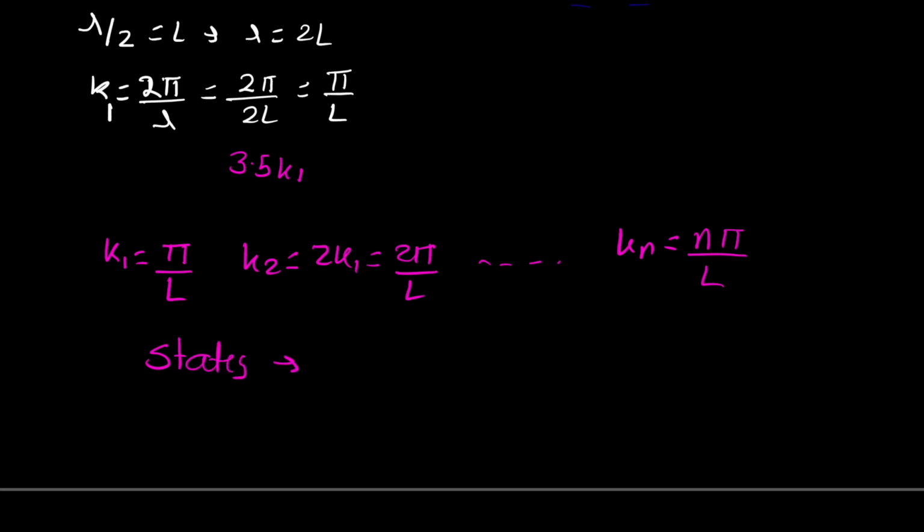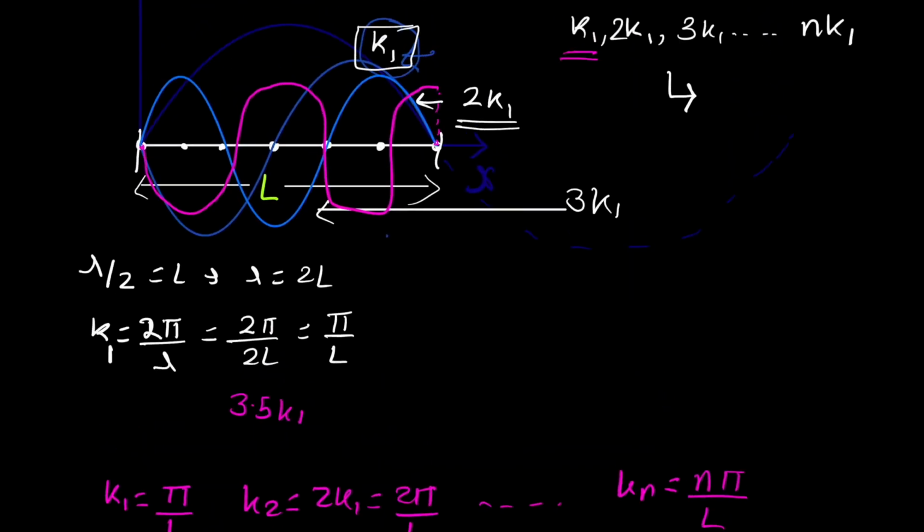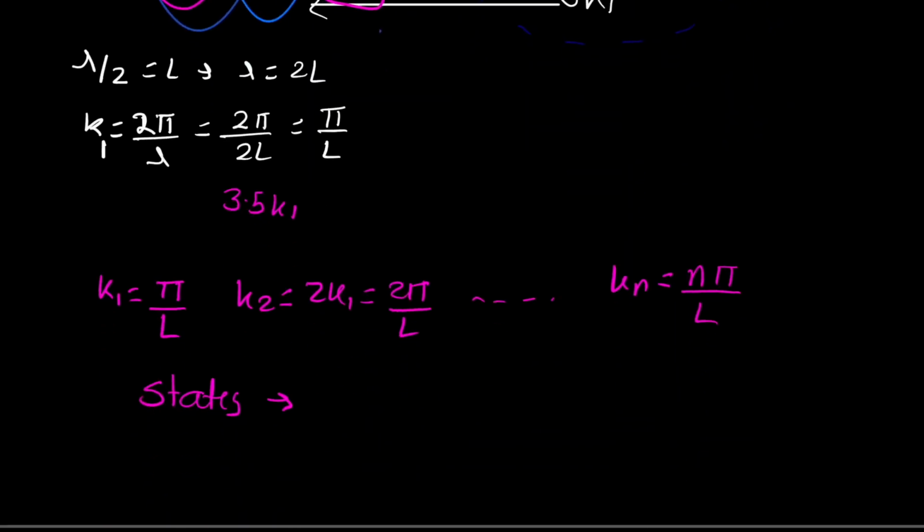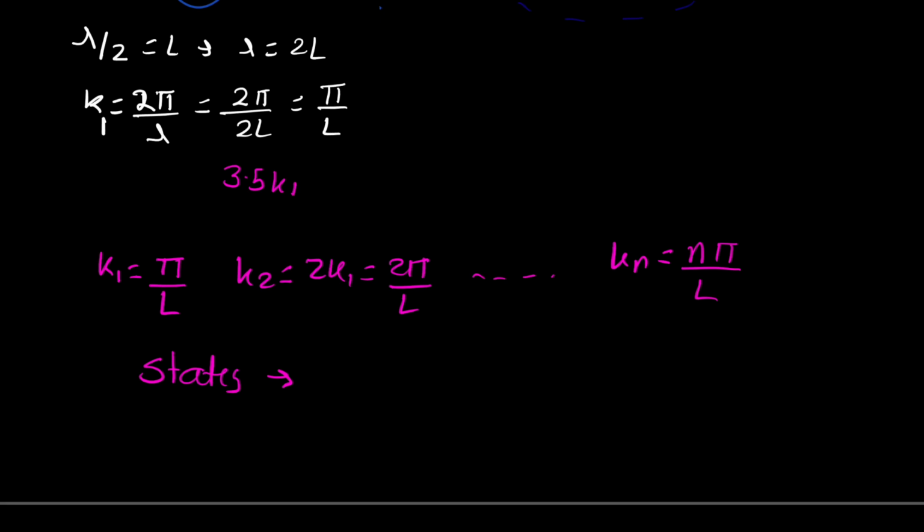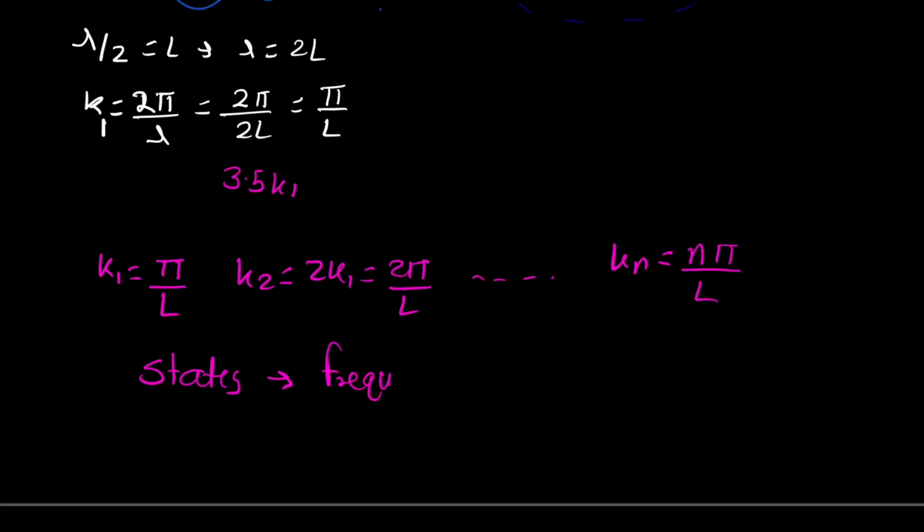A state is nothing but a configuration of an electron. So in this simplistic case of our one-dimensional crystal, we can directly relate the states to the frequency that the electrons can possibly occupy.